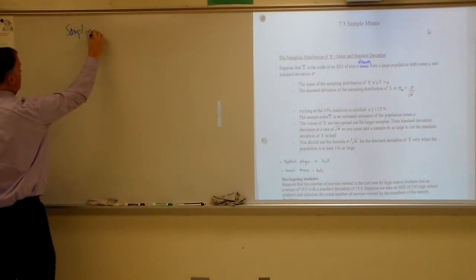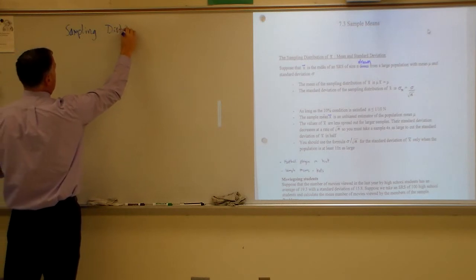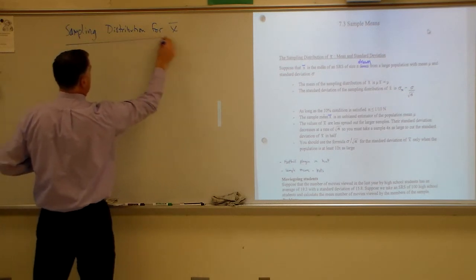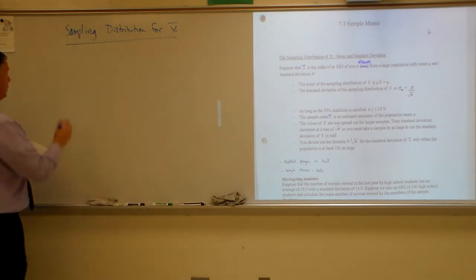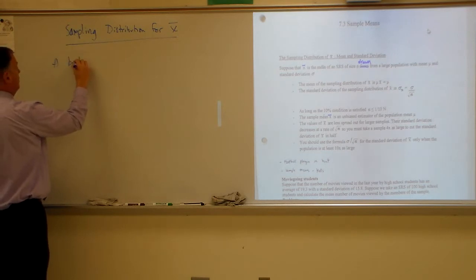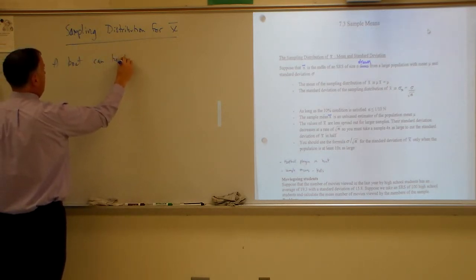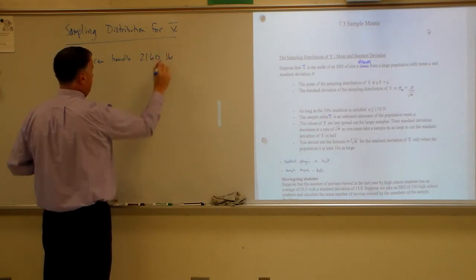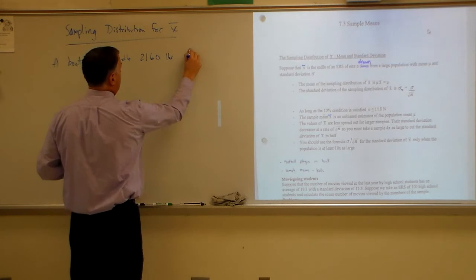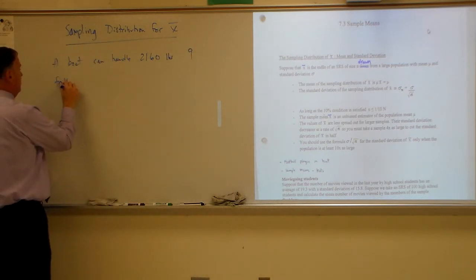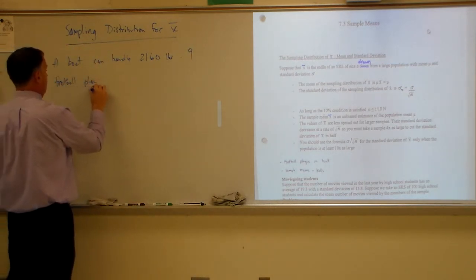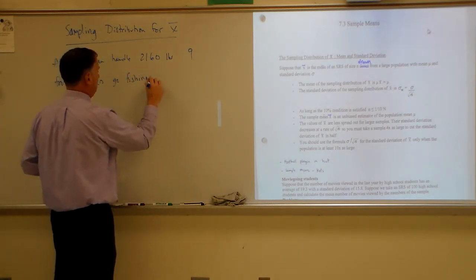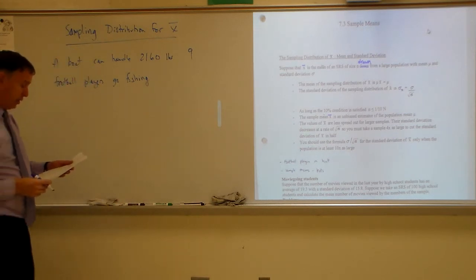So again, another sampling distribution for X bar. A boat can handle 2,160 pounds. 9 football players go fishing.